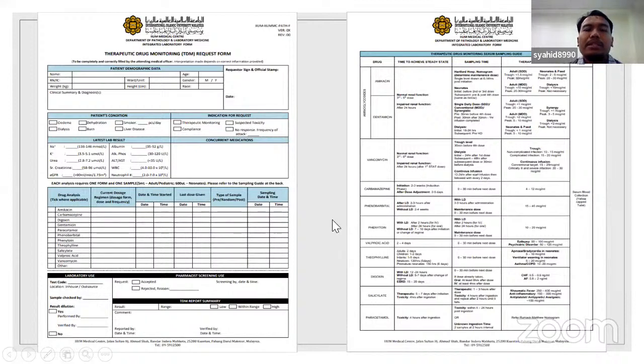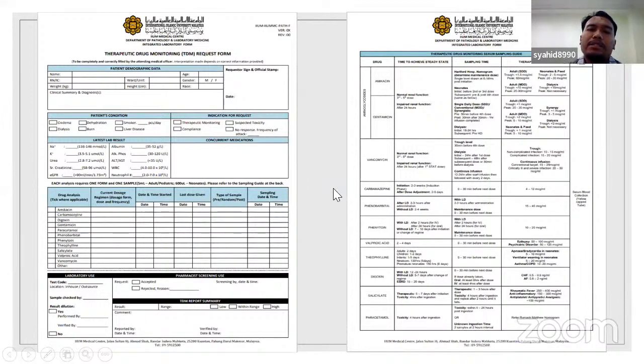During interpretation, especially for antibiotics, we usually do the calculation, and the sampling time is very important for the calculation. So I want to ask everybody to make sure, before sending the request form to the lab, that all the details have been filled.